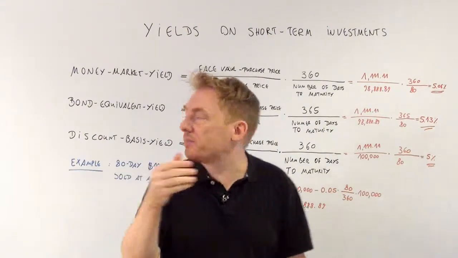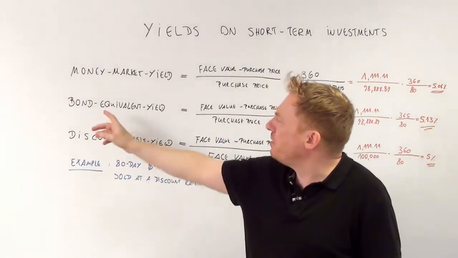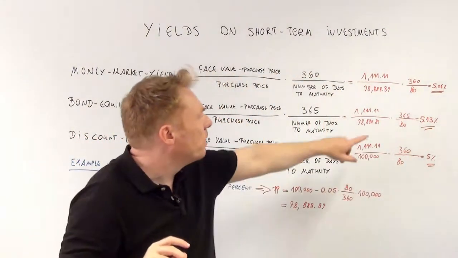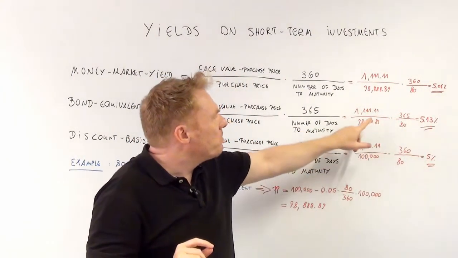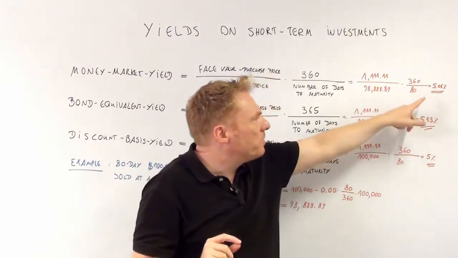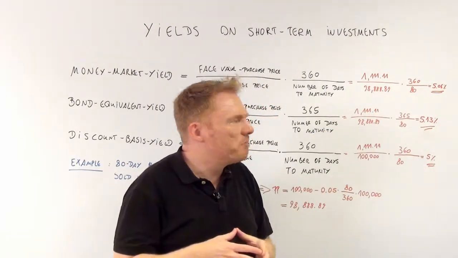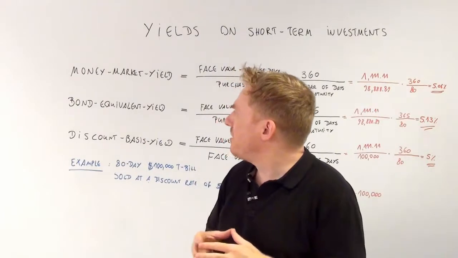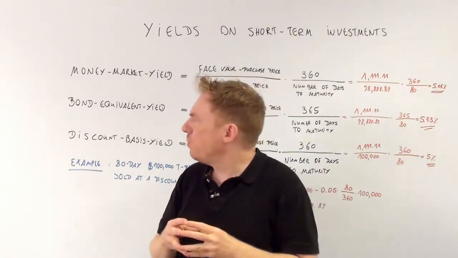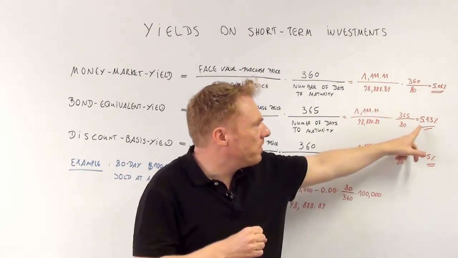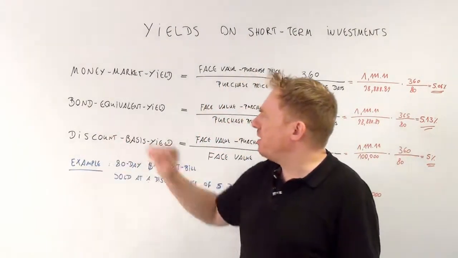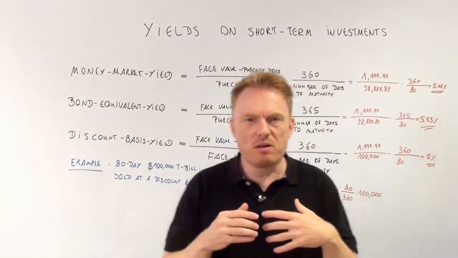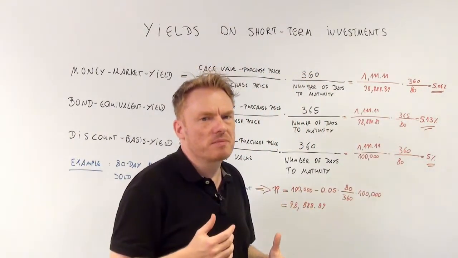If we want to compute the second one, bond equivalent yield, of course, we have to multiply with 365. Which means, all in all, we get a result of 5.06 as money market yield, and a result of 5.13 as bond equivalent yield. Those are the different results.